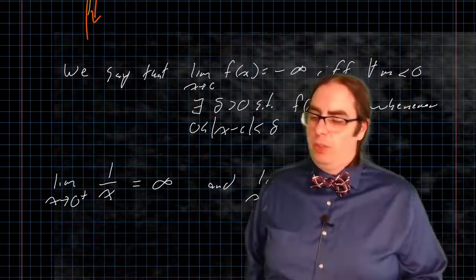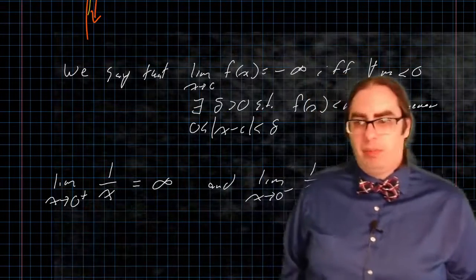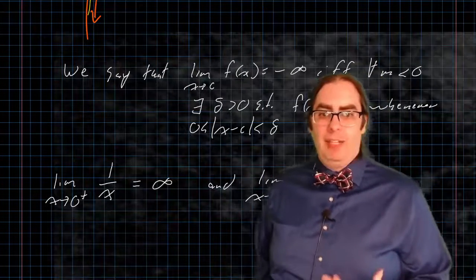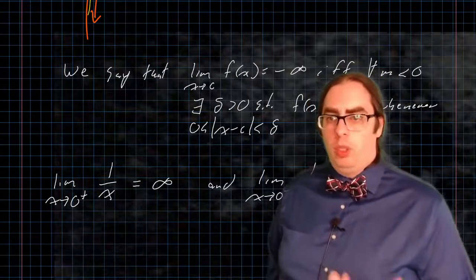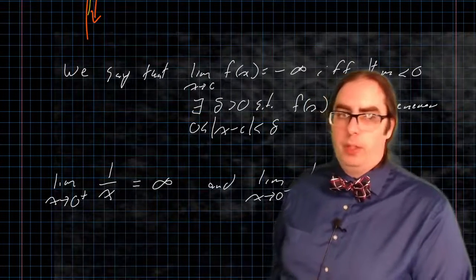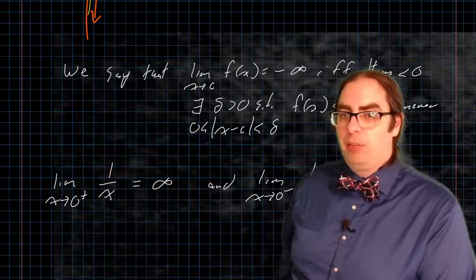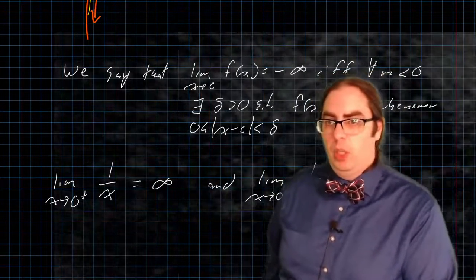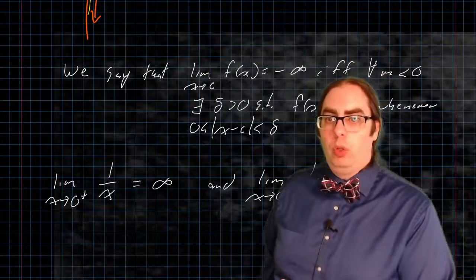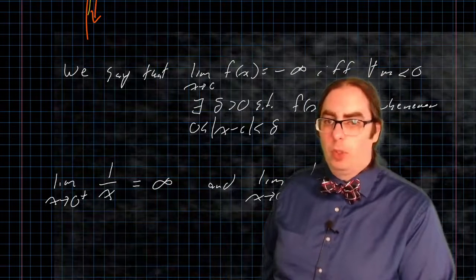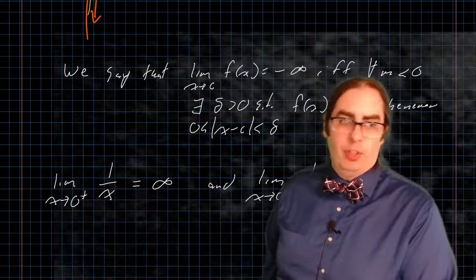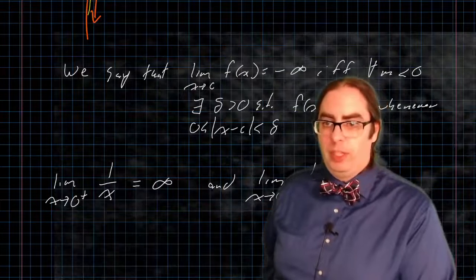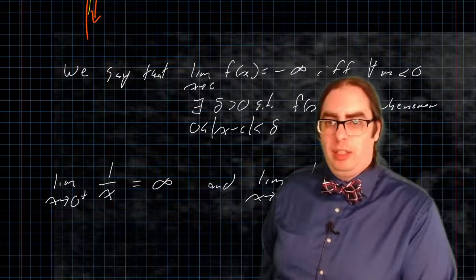I also want to take a moment here and mention that we really don't have an analytical tool for finding out whether a vertical asymptote has a limit of positive infinity or negative infinity. In order to do this, we're going to look at the graph. We're going to determine if the graph goes upward or downward on the left or on the right, and then we can use the definition.